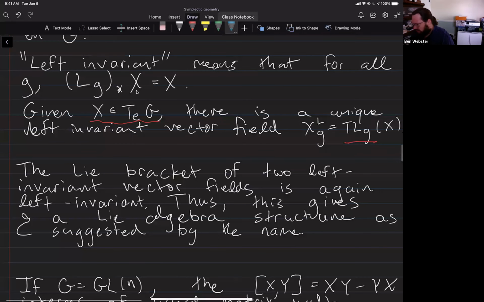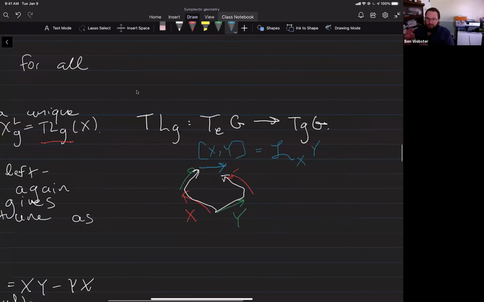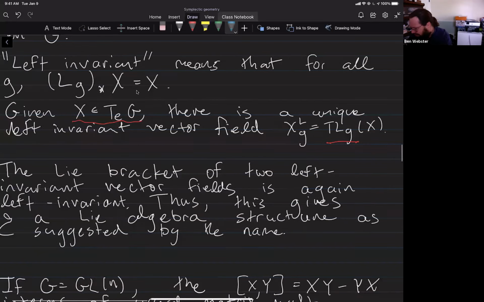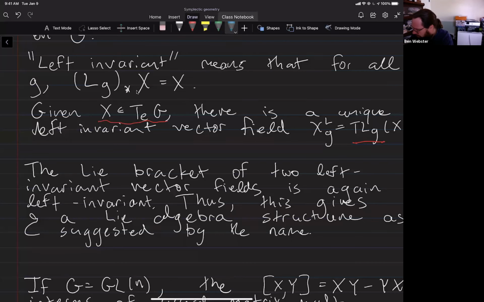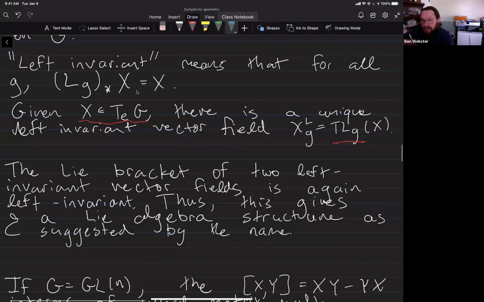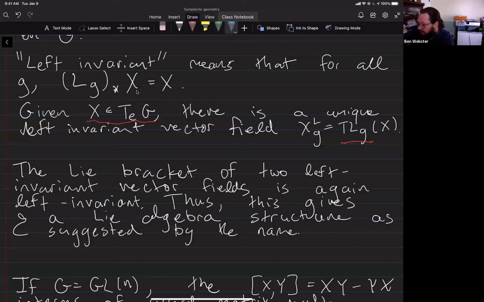All right, so taking the Lie bracket of two left invariant vector fields gets me another left invariant vector field, because taking the Lie bracket commutes with push forward. Doing the flow commutes with push forward, so the failure of the flows to commute also commutes with push forward. So this gets us an operation on the Lie algebra of bracket.